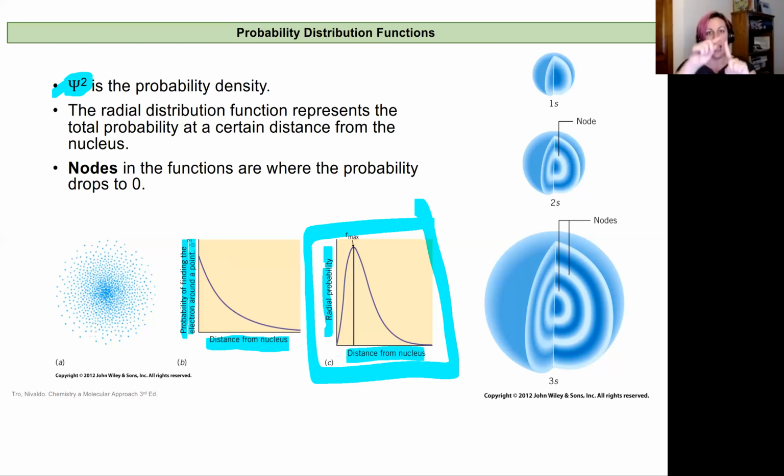But if we're talking about, especially the 1s orbital, as that probability drops off, the space around the nucleus, when we think of it as a sphere, that volume gets larger, right? So it's less likely when it's further away, but it's also part of a larger sphere of probability density.